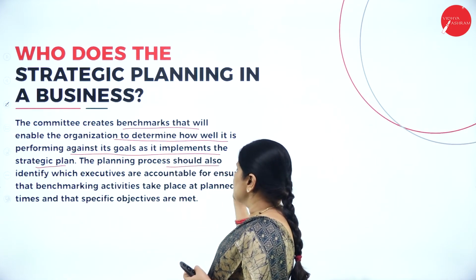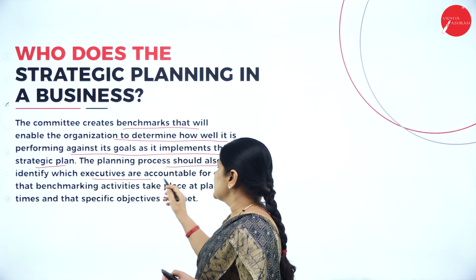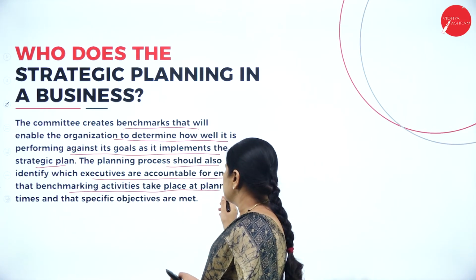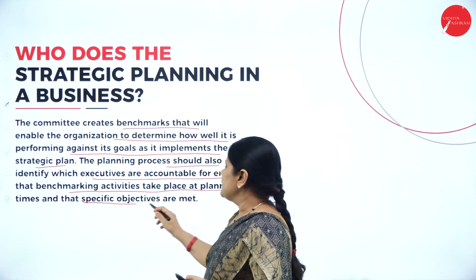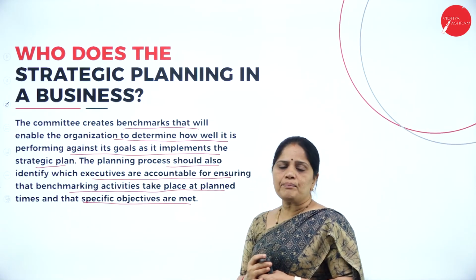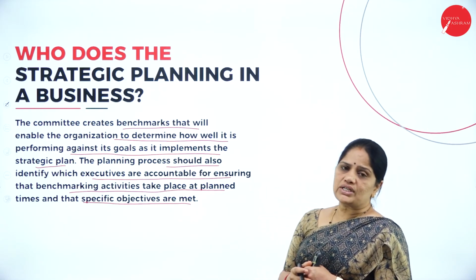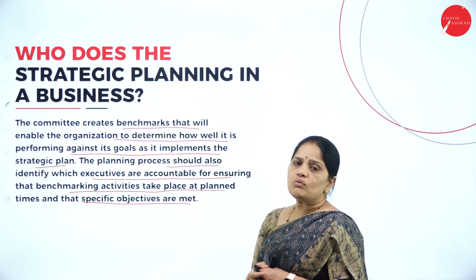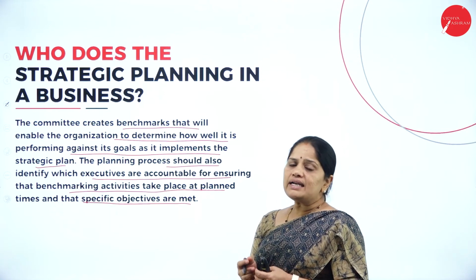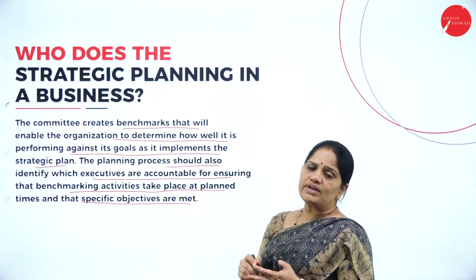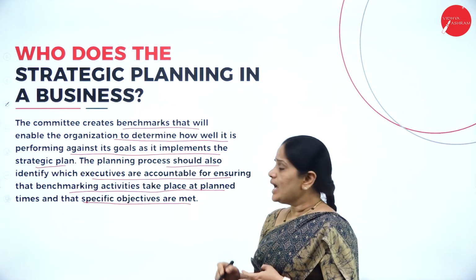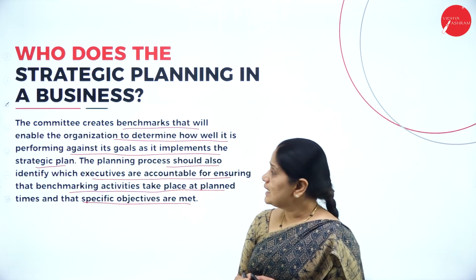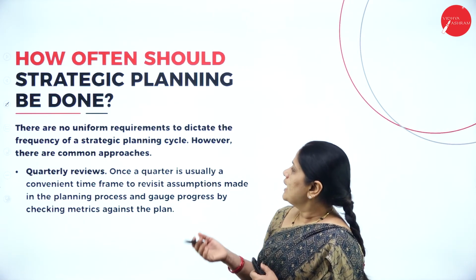The planning process should also identify which executives are accountable for ensuring that benchmarking activities take place at planned times and specific objectives are met. So, the planning process should identify what the benchmarks are, the time frame within which they have to be attained, and the specific objectives to be met at that time.